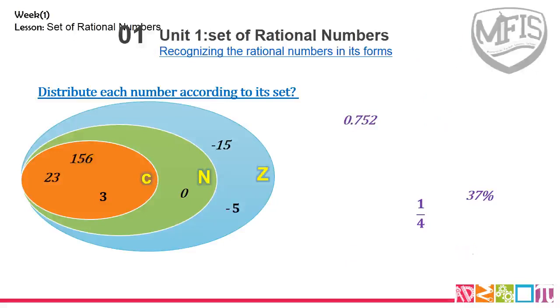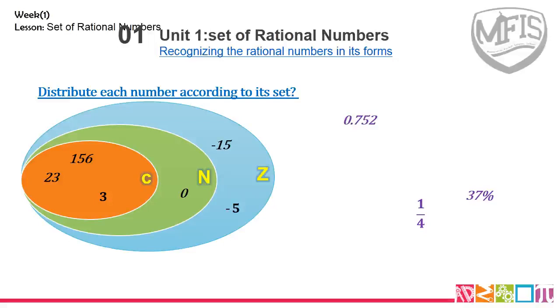I have here a fraction. Which set will I select for containing this number? Anyone? Wrong. If you simplify 21 over 7, I will see that it is 3.